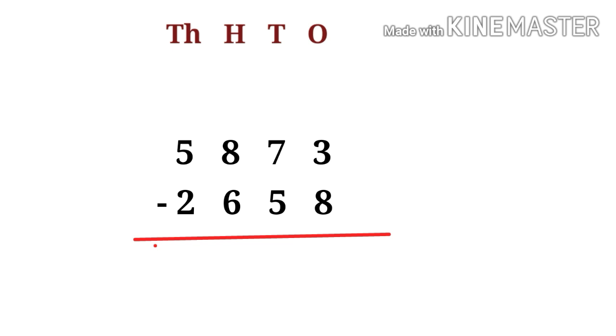So, tens place digit 7 is reduced by 1 and it becomes 6. And ones place digit 3 is increased by 10 and it becomes 13. Now we can easily subtract 13 minus 8, that is equal to 5.